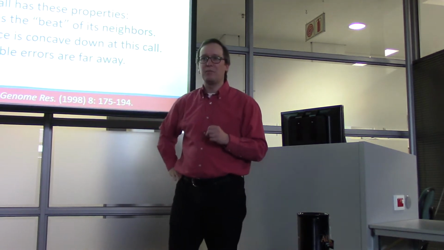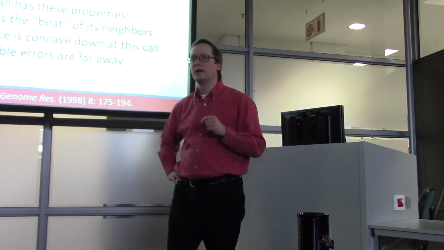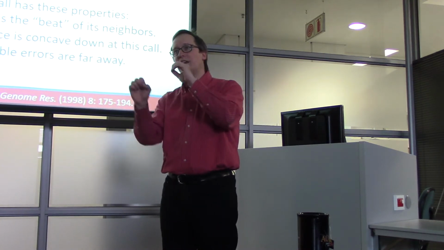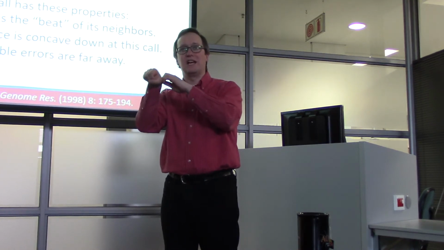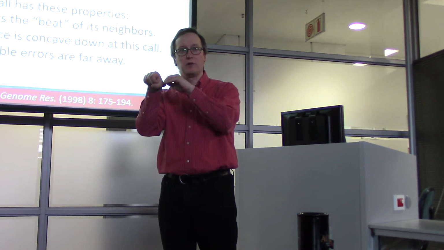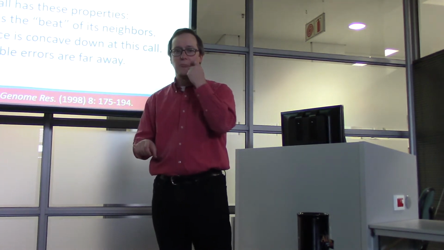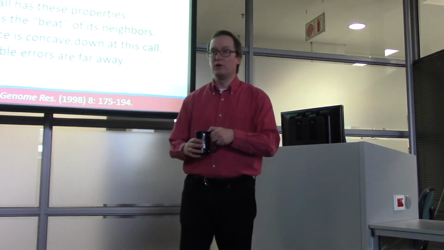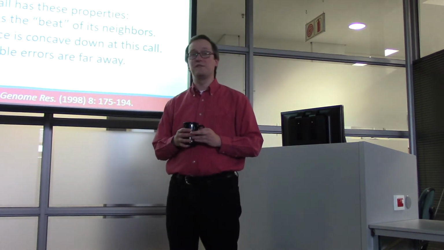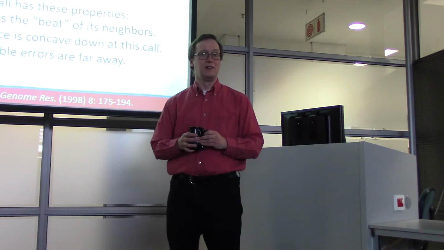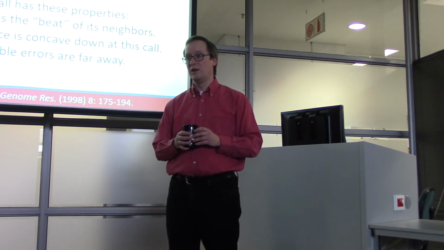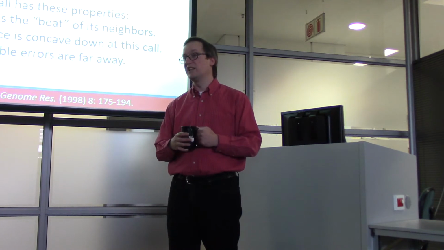Next, highly probable errors are far away. This is the argument that if you have a base call that's got a lot of doubt associated with it as a neighbor, you're probably also a problem. When I lived in Nashville, I moved into a neighborhood called 12 South, an up-and-coming neighborhood. But I learned after the fact that the house I'd moved into had been flipped by a real estate developer.